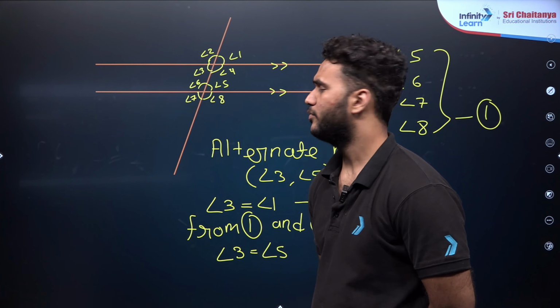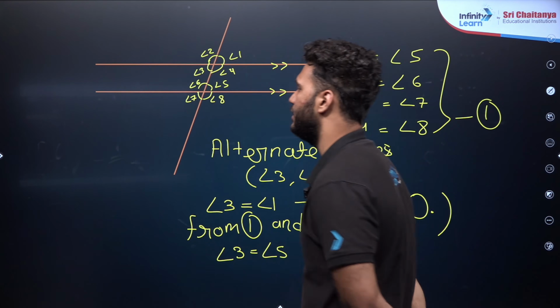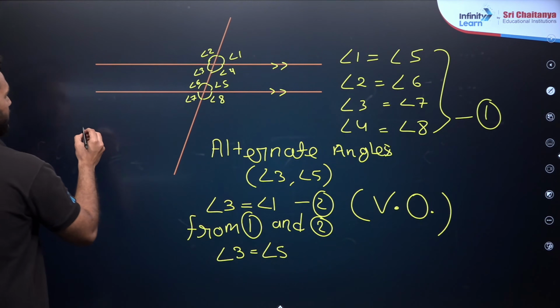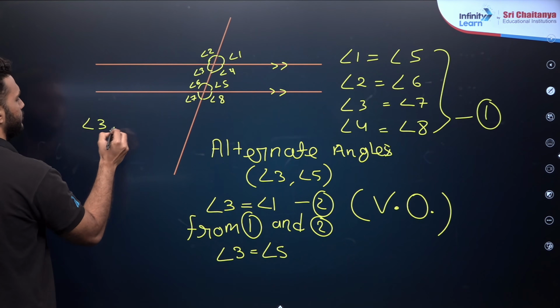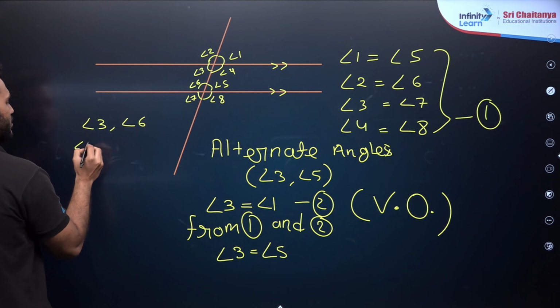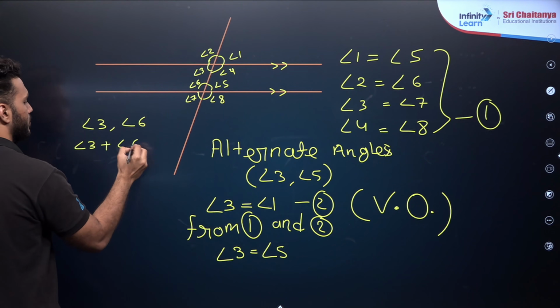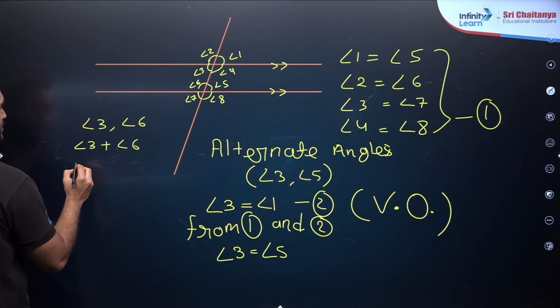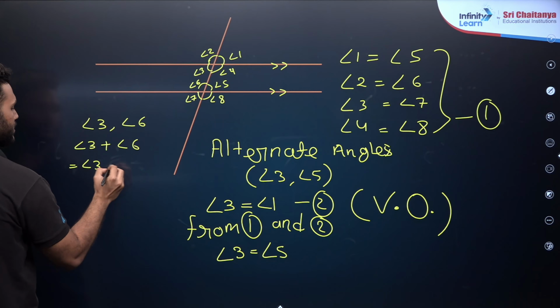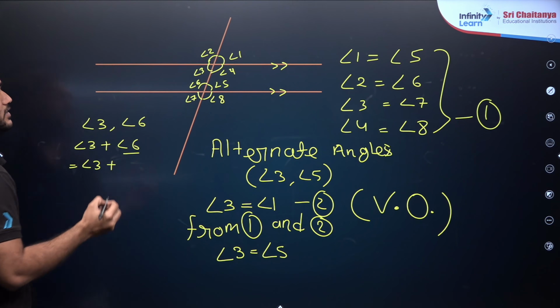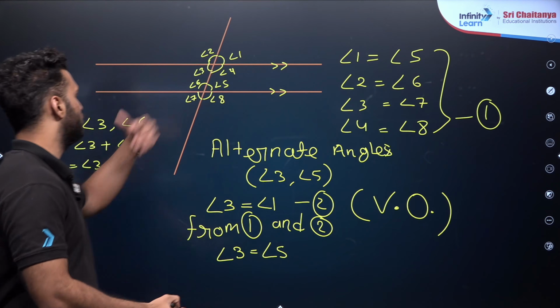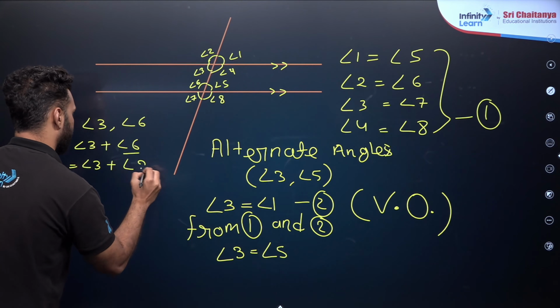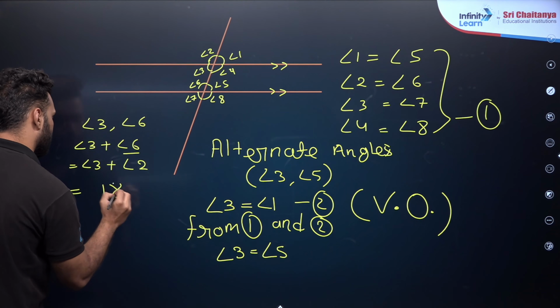Now from here you can also prove some of the co-interior angles. Let's take co-interior angles 3 and 6. The sum of them will be 180. Why? See, angle 3 plus angle 6. Can I write angle 3 plus, instead of angle 6, angle 2, since angle 6 is equal to angle 2? This will be equal to what? 180.